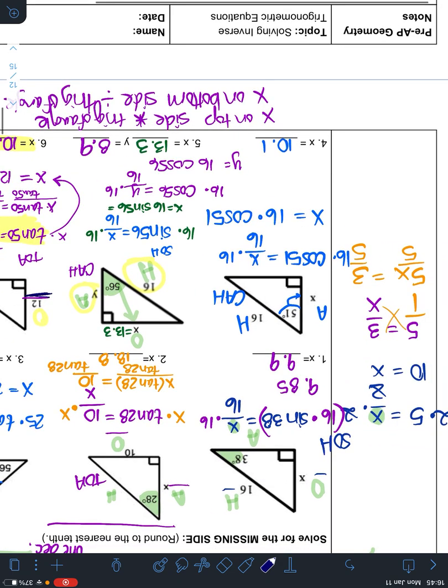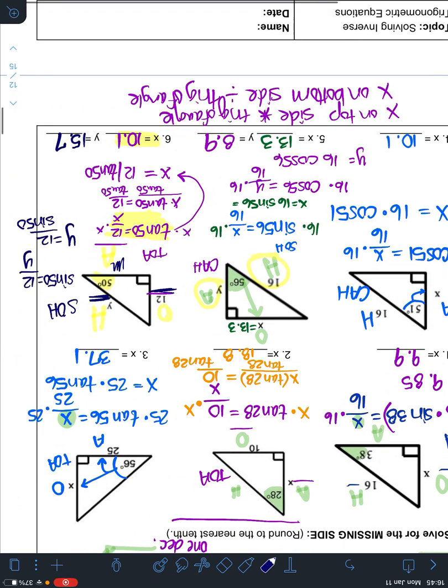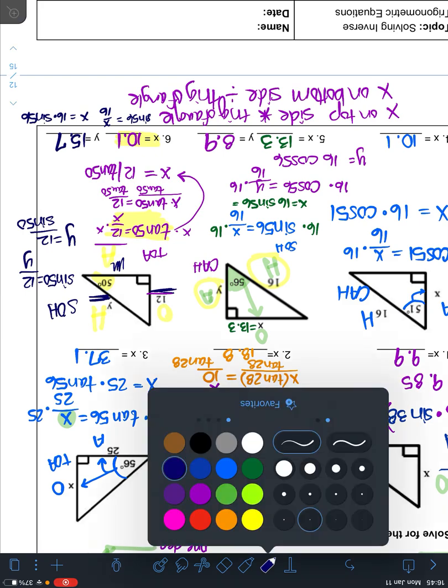Okay, so again, let me remind you, when x is on top, say for instance, if you have the sine of 56 is equal to x over 16, you would solve it by saying x is equal to 16 times the sine of 56, the side times the trig of the angle.